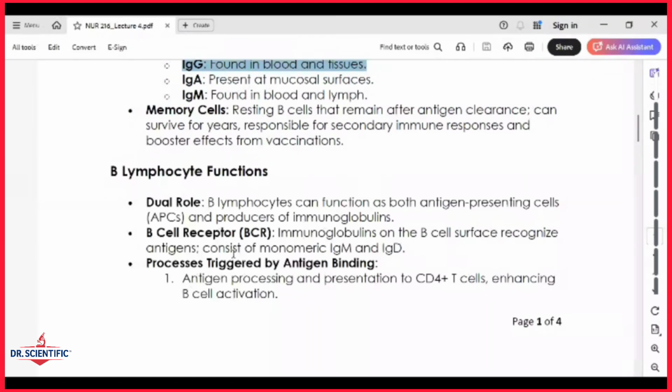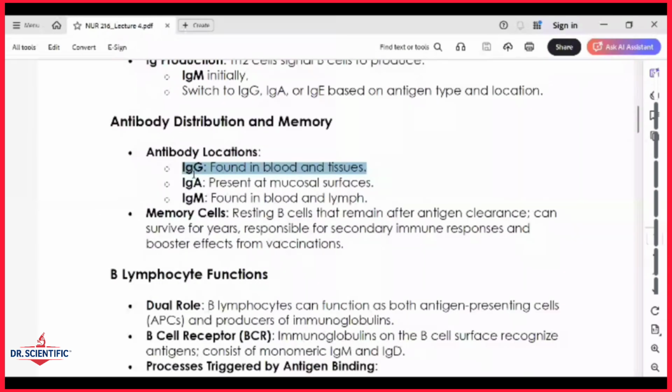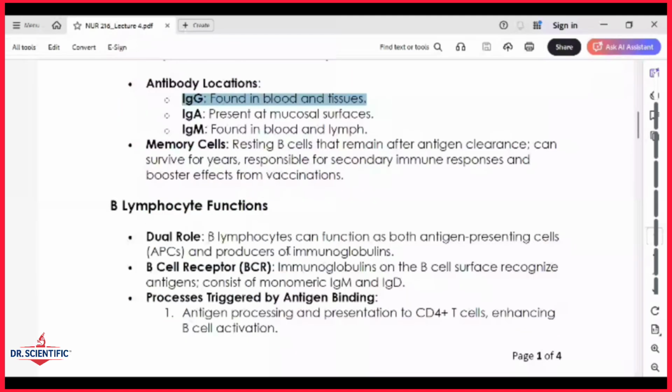Apart from antibodies being generated systemically in the blood in the form of IgM, IgG, IgA, and IgE to neutralize the antigens, on the surface of B cells we have immunoglobulins, monomeric IgM and IgD.